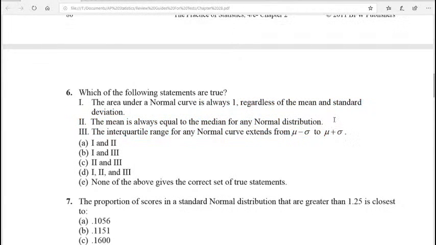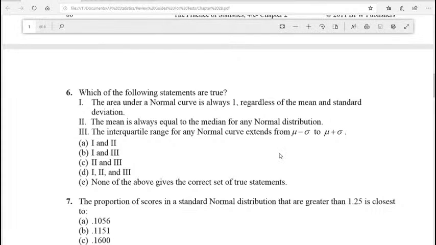We just said a normal distribution was symmetric, and so the mean and the median should be the same. Interquartile range. So mu plus sigma and mu minus sigma. What was mu again? What did we use for mu to stand for? It's the mean, and then sigma is standard deviation.